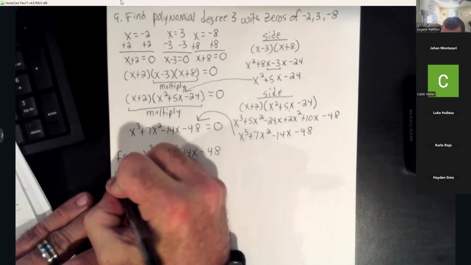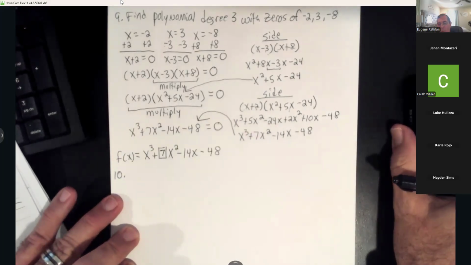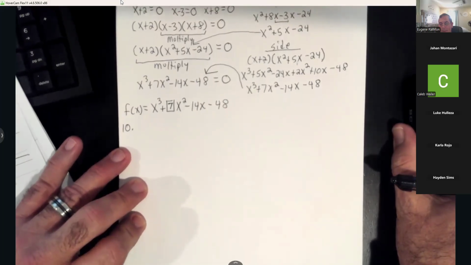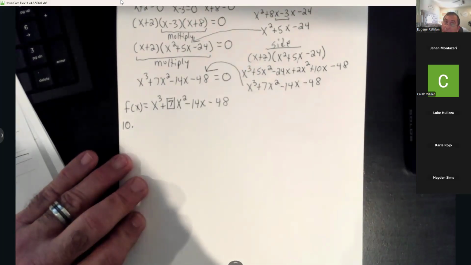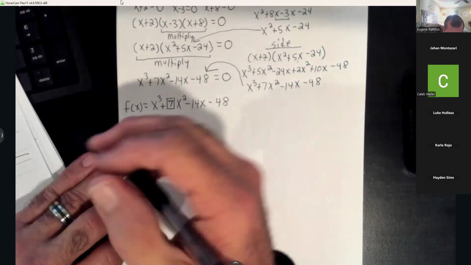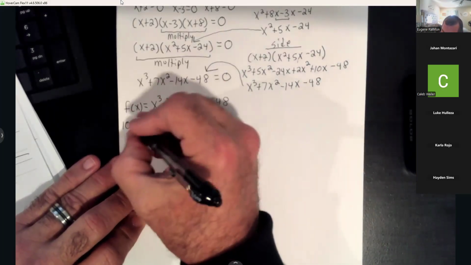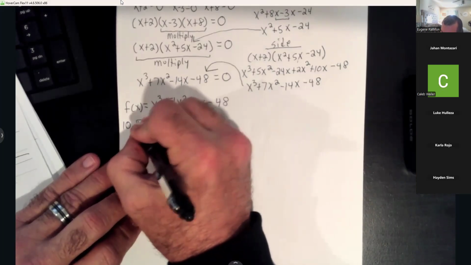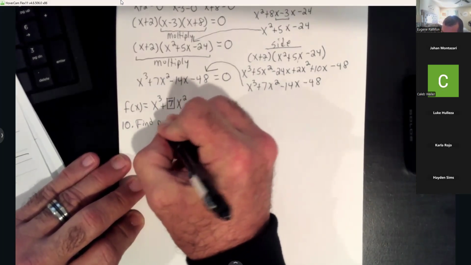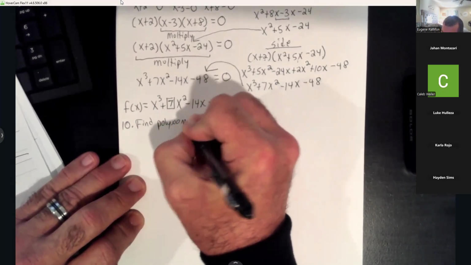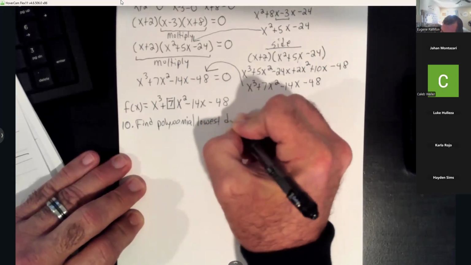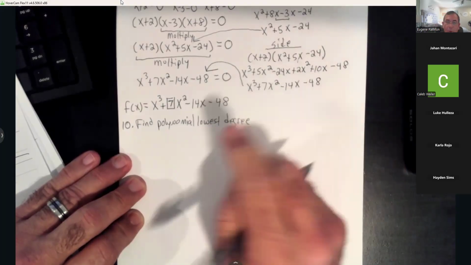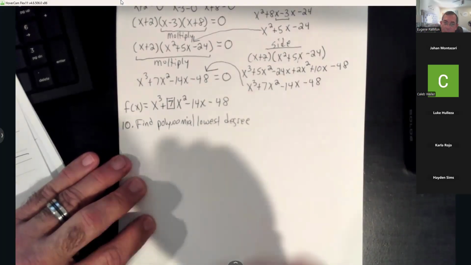All right, number 10. Y'all, this one's sort of similar. Well, it's really similar to how I'm going to work it, but they're giving me different numbers here, okay? So this one says, find the polynomial of lowest degree. So they're not giving away what the exponent should be on this one.